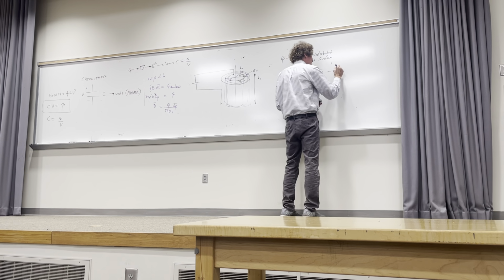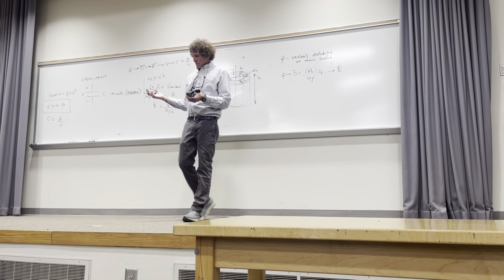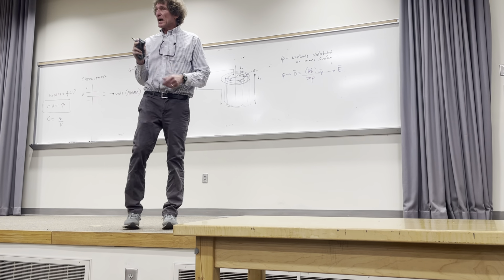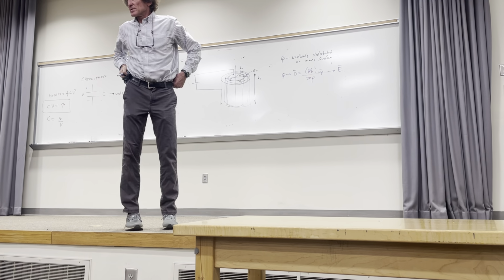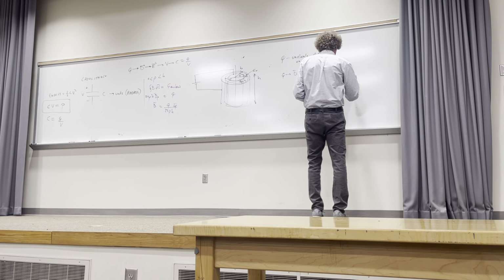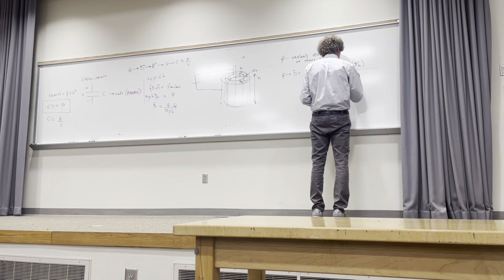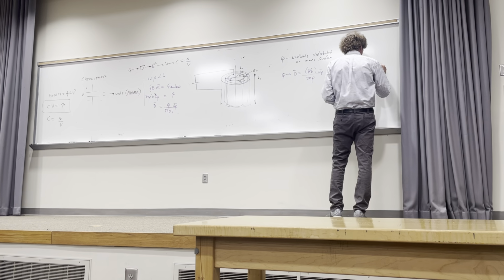Now I need E. How do I get E? Right, divide by epsilon. And remember, epsilon could be a function of radial distance. This is the one thing you keep in the back of your mind. It could be a function of the radial distance. So that means it's Q over H divided by 2 pi rho epsilon relative epsilon naught a rho.